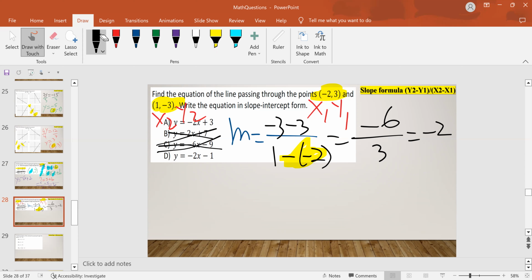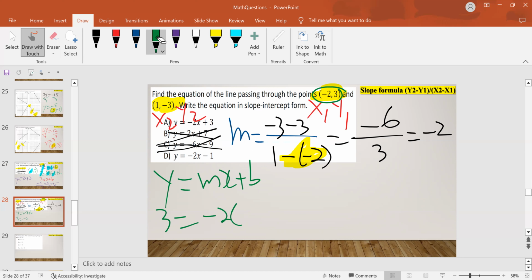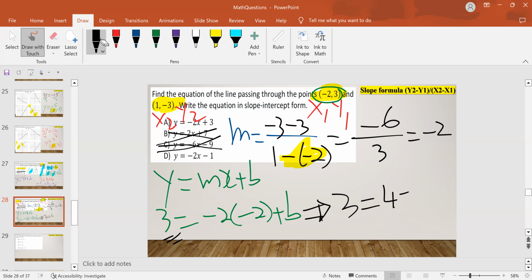So let's find the b, which is the y-intercept. We know that we have y equals mx plus b. I will choose one point. If I choose this first point, the y value for that is 3, equal to m, which is -2, multiplied by the x value, which is -2, plus b. I'm going to solve for b. So 3 is equal to positive 4 plus b.